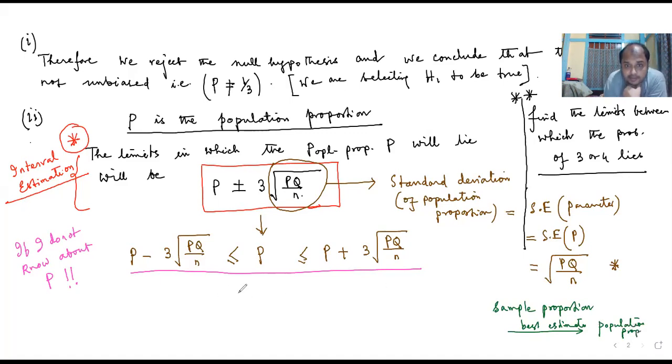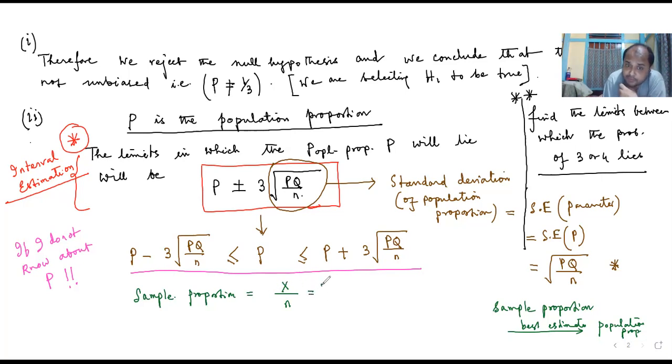Okay, we do not know about capital P, but we know about the sample proportion. What is the sample proportion here? Out of 9,000 times, 3 or 4 is appearing 3,240 times.